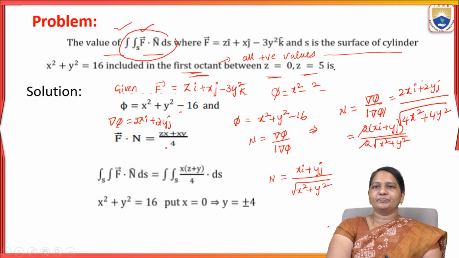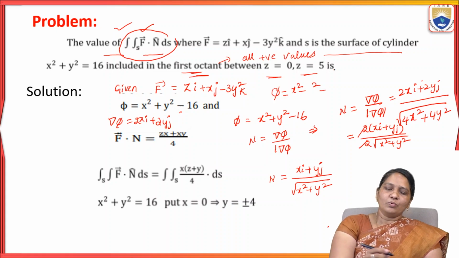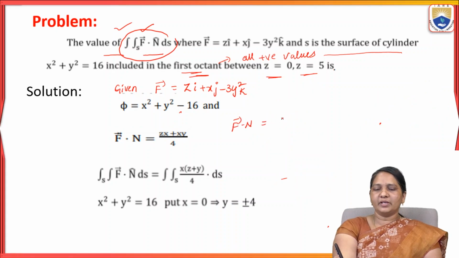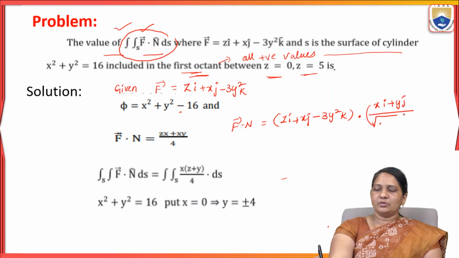This is n. Now what do I need? F bar dot n bar. F bar is z i plus x j minus 3y square k, dot n. What is the n value? x i plus y j by the square root of x square plus y square.